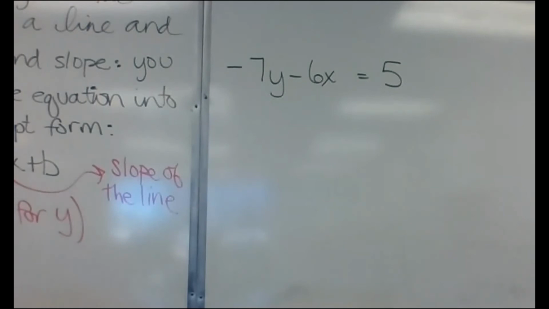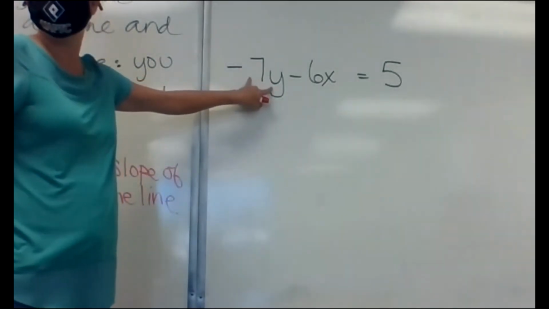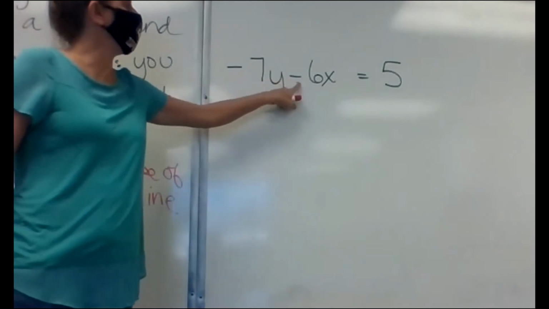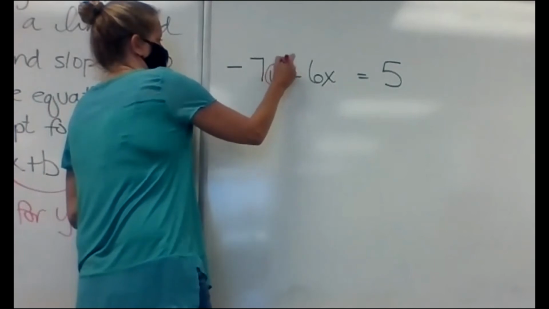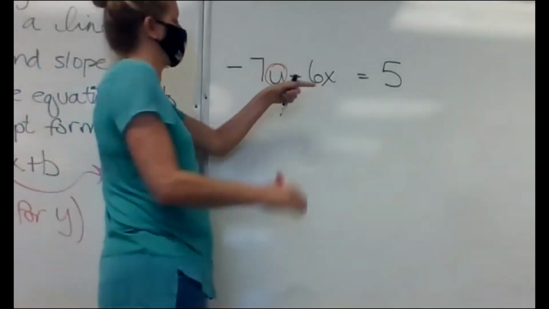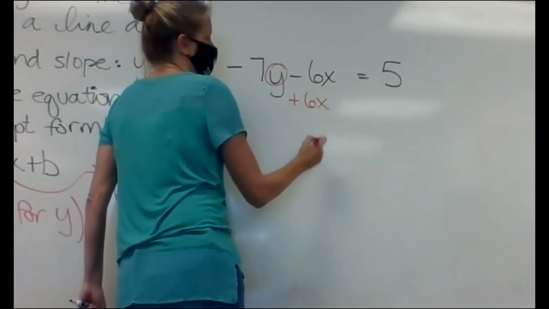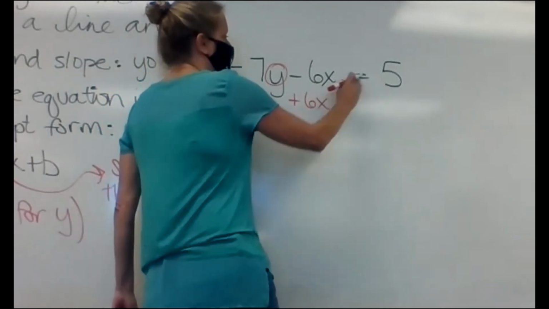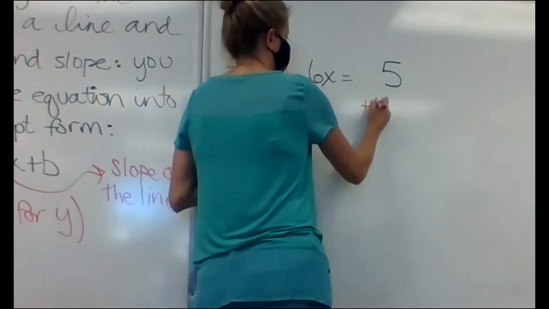Now remember, the number that is hooked on goes away last. I need to get rid of minus 6x, right? My goal is to get this right here all by itself, which means everybody else needs to go away. So if I'm going to get rid of minus 6x, how do I undo minus? Plus. So I'm going to plus 6x. If I do it to this side, I have to also do it to the other side.